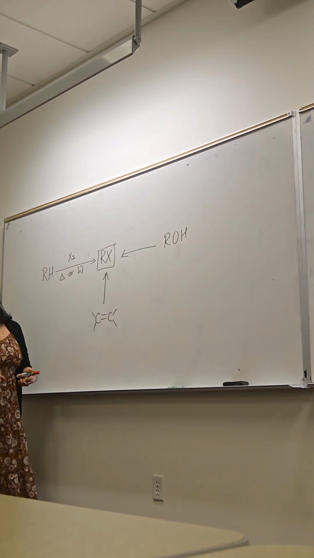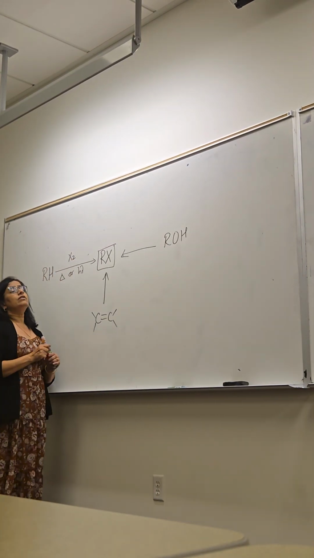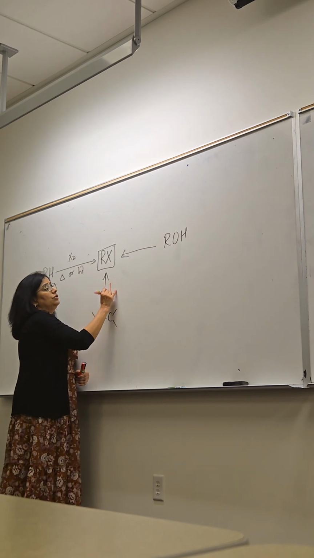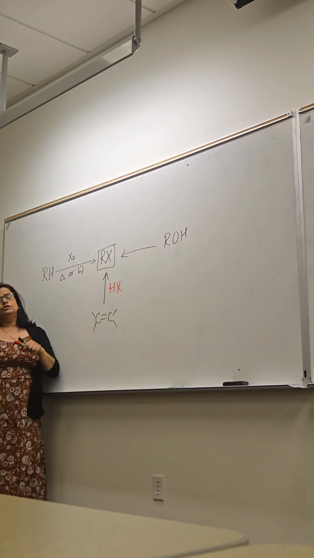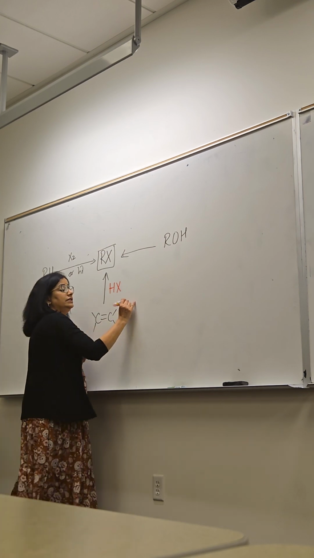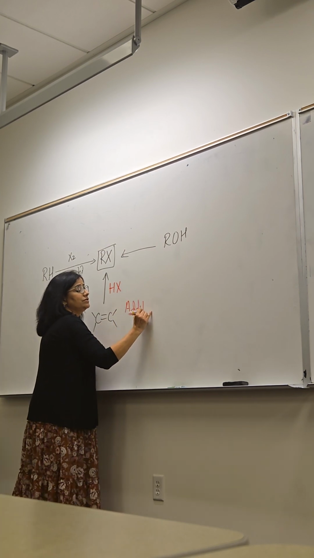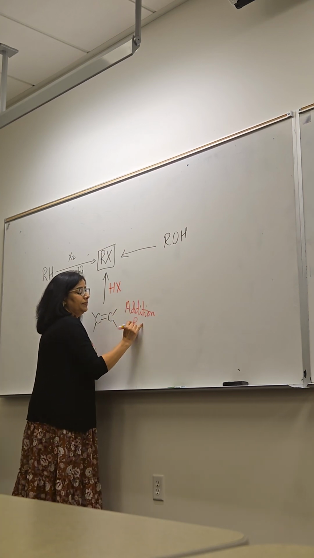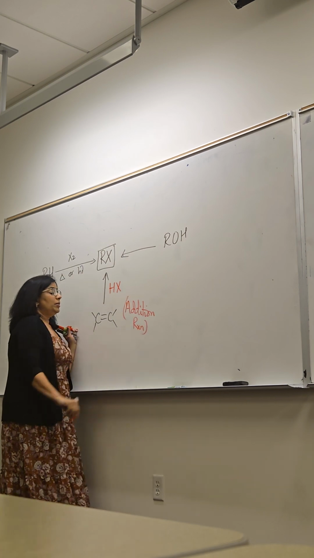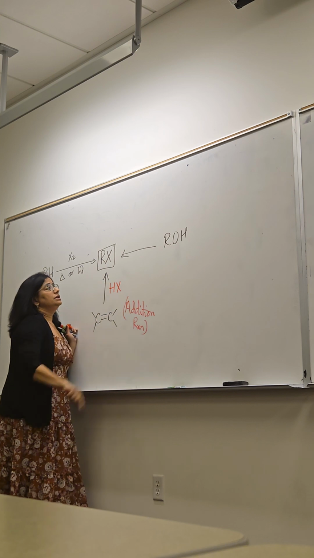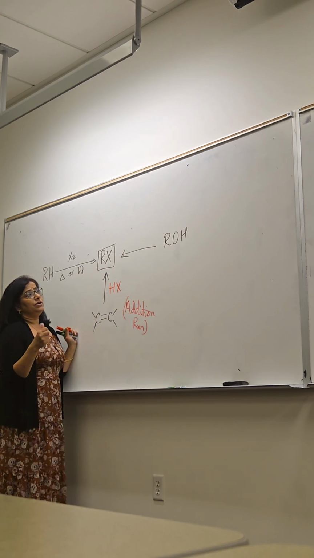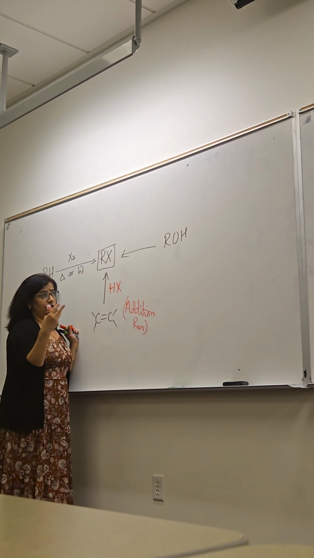So we will of course focus on these more then, but just FYI, you will use HX to convert an alkene into an alkyl halide. It's an addition reaction. Do you guys remember addition reaction? Add something on the pi bond. Yep. And alcohols can be converted into alkyl halides by using one of three possible reagents.